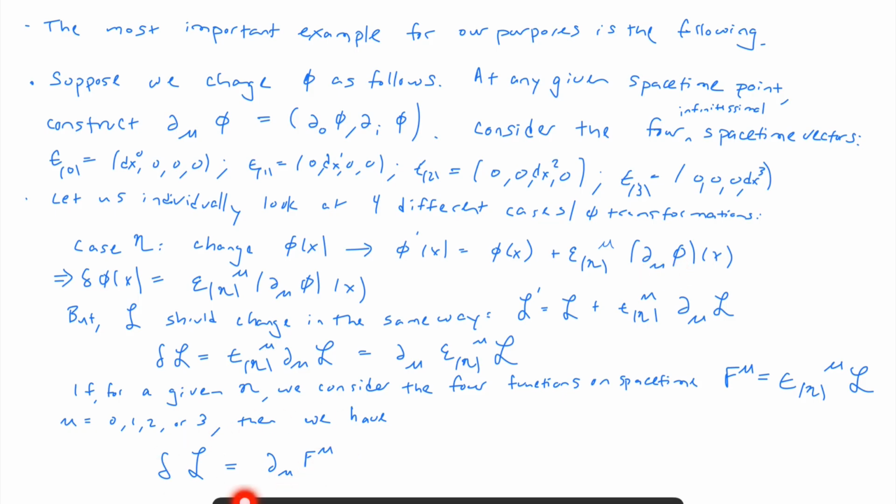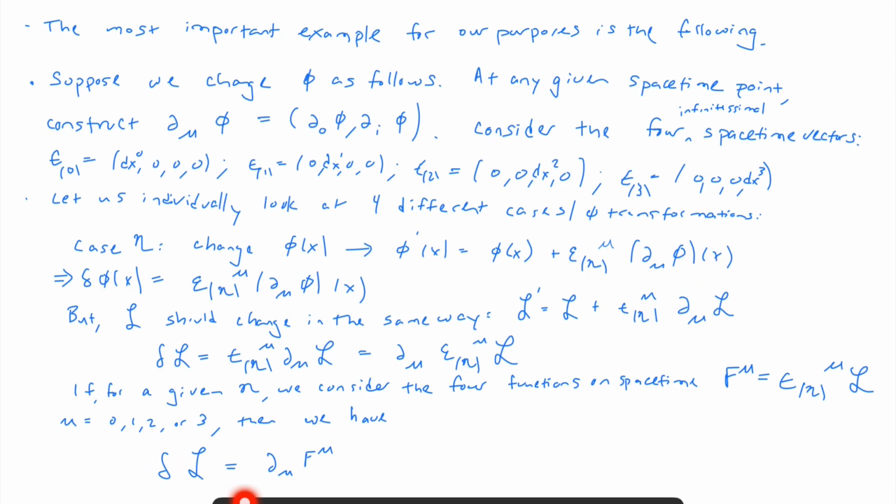This is a 4-gradient formula. And according to Noether's theorem, that's what we want. This type of transformation will result in a symmetry transformation. So this transformation of phi is a symmetry transformation.